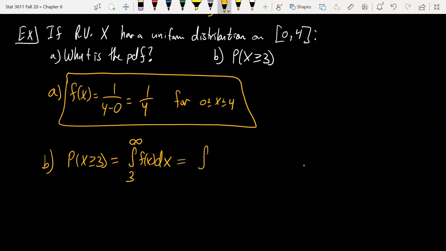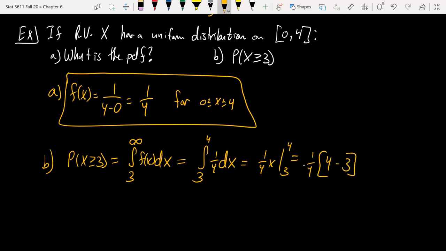So we just need to integrate from 3 to 4, 1/4 dx. That's 1/4 x evaluated from 3 to 4. So we have 1/4 times 4 minus 3, which is 1, so 1/4 times 1 is 1/4, or 25%.